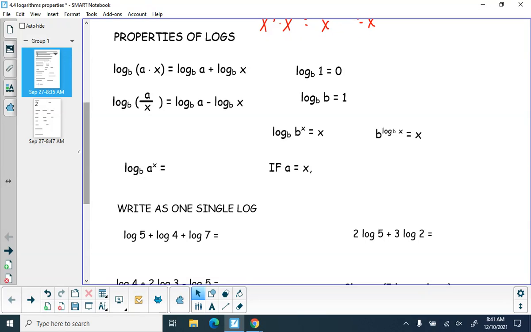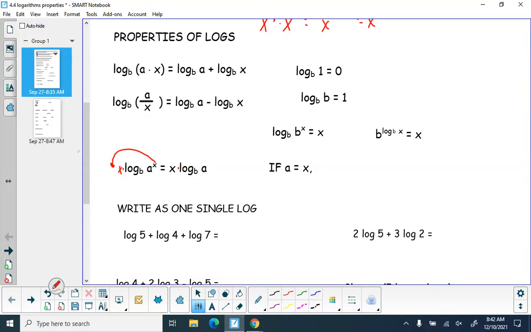So this one here is probably the most important one that we deal with because it allows us to solve equations. We have log base b of a to the x. This is equal to x times the log base b of a. This exponent can get moved out front and multiplied by the logarithm.